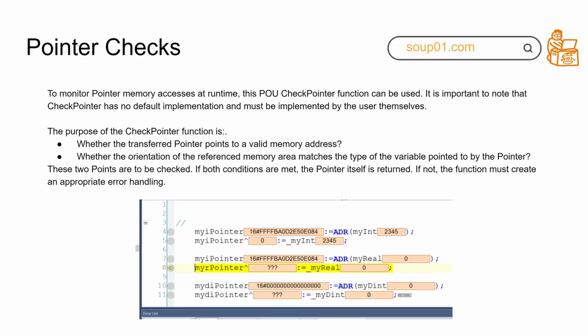While you create this code, there is some scratch code inside, but you need to implement it again to fit your application. The purpose of the CheckPointer function is to check whether the pointer points to a valid memory address, and whether the data type matches the pointer.